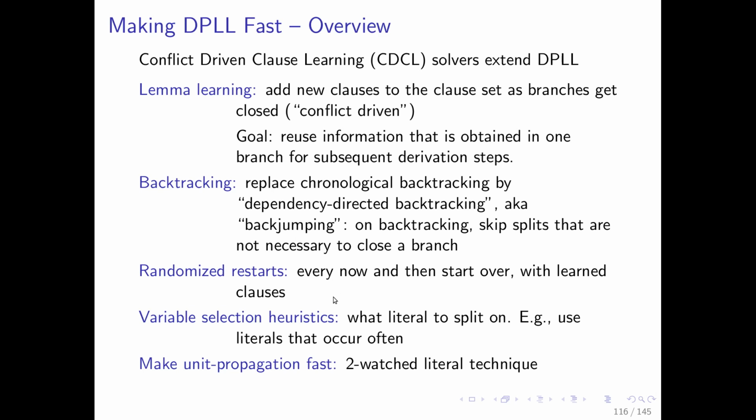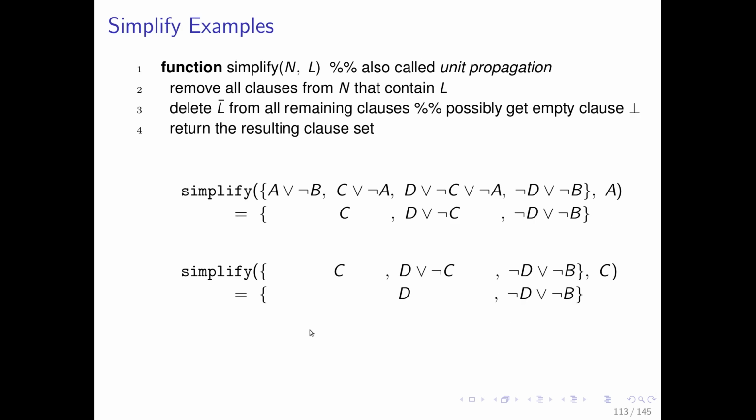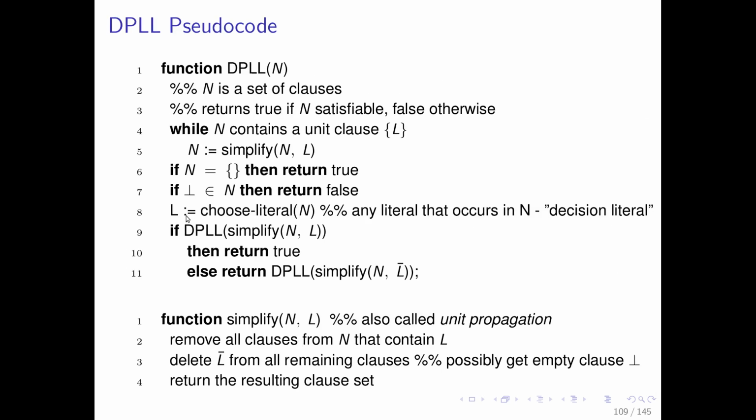There are also variable selection heuristics. At this point here, we have a choice. If you choose the literal carefully, maybe you'll close the branches better or faster. One heuristic is to choose the literal that occurs in the most clauses, because you're hoping to get an answer quickly for all of those. By choosing it, all clauses that contain the literal are deleted, so you reduce the number of clauses by a lot, and all clauses that contain its negation have the negation deleted, so they get smaller.